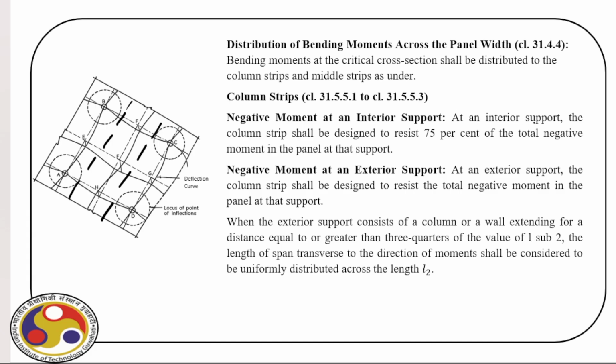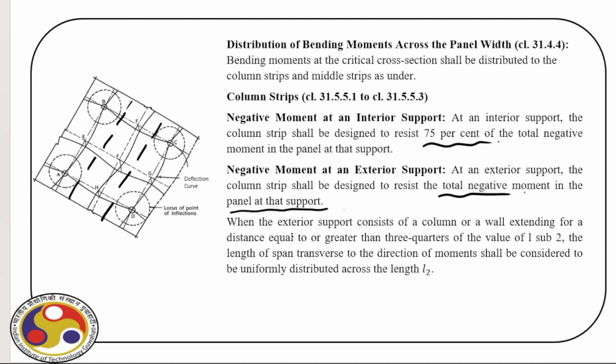is given here. The column strip shall be designed to resist 75% of the total negative moment in the panel at the support. And for the negative moment at the exterior support, the column strip shall be designed to resist the total negative moment in the panel at the exterior support. So, in one case we have 75% and in the other case we have the complete 100%.